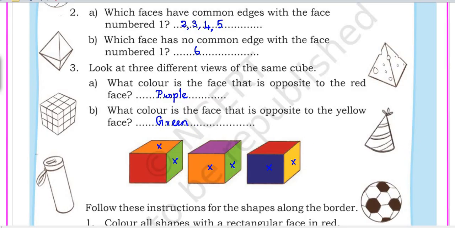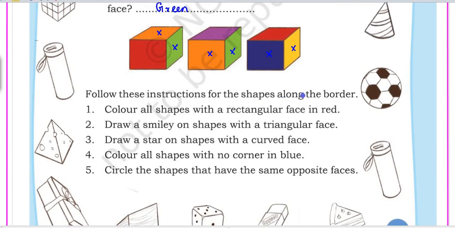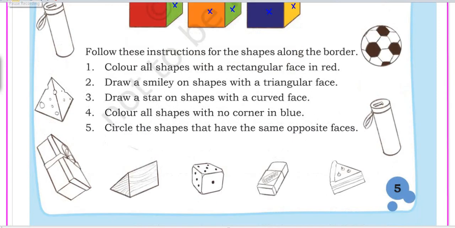Now next, follow this instruction for the shapes along the border. Now we have to color all shapes with a rectangular face in red. So in red color, which shapes are we coloring? Rectangle.